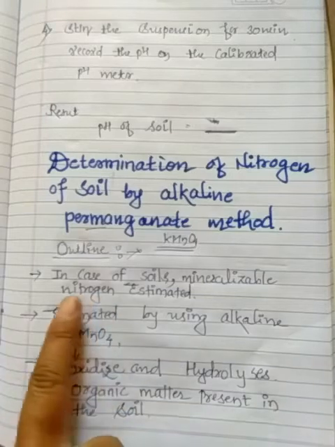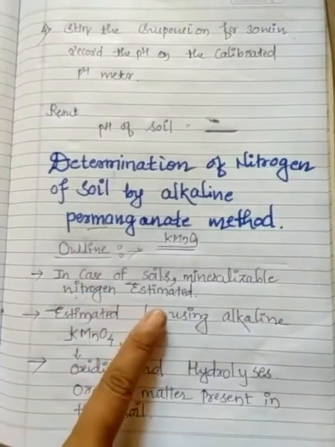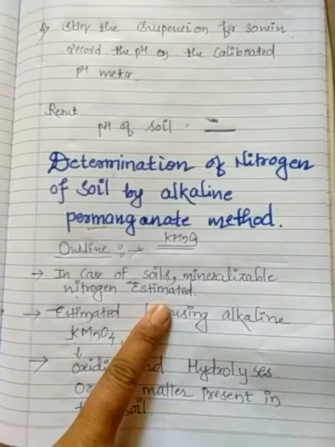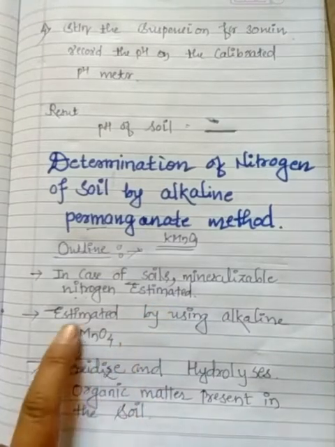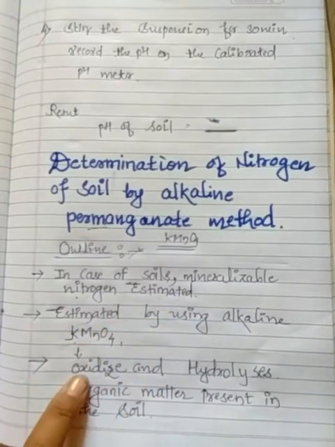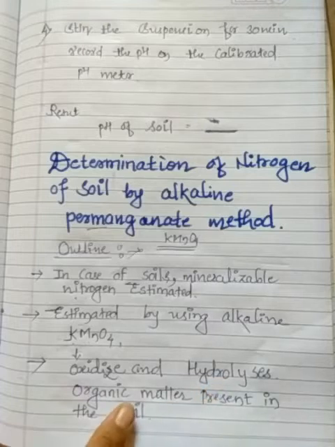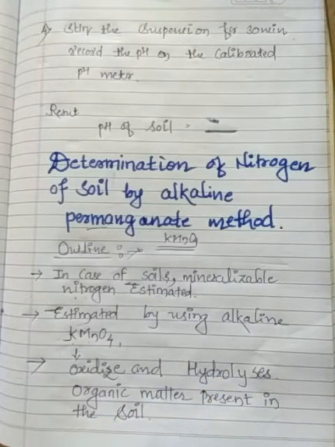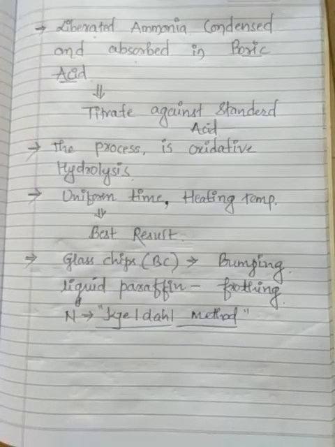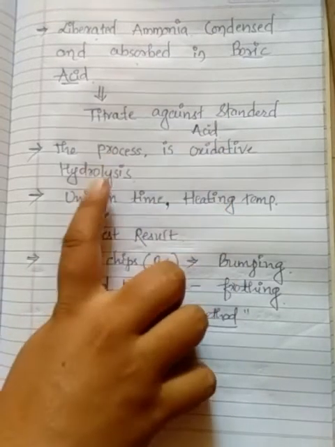In case of soil, mineralization of nitrogen can be estimated by this method using KMnO4, which oxidizes as well as hydrolyzes the organic matter present in the soil. Next, liberated ammonia is condensed and absorbed by boric acid, which is titrated against standard acid.